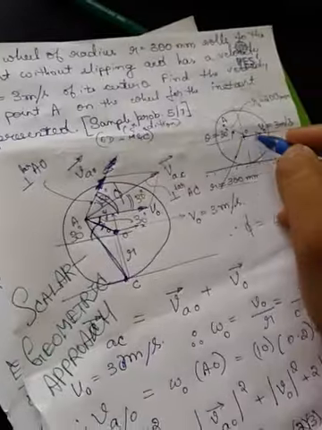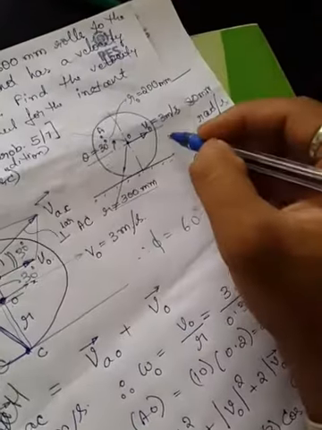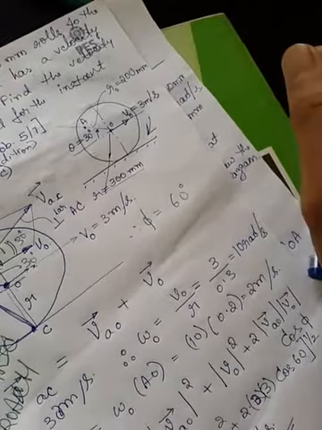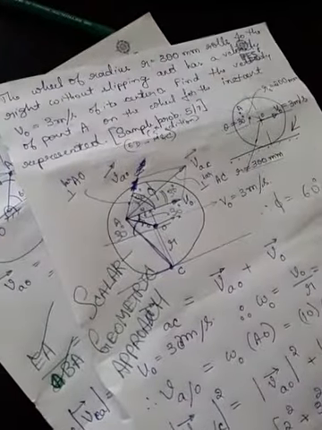Now we know that the whole disk is rotating clockwise. From the right hand thumb rule, if the rotation is like this, the omega will be in the downward direction, and hence it is in the k direction, or the z direction.